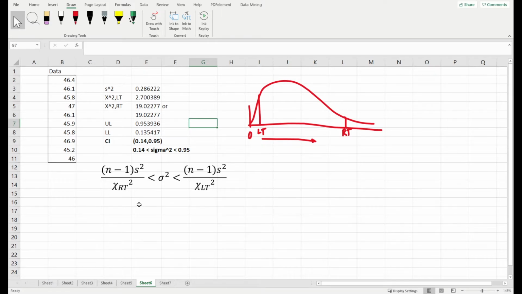So the right tail chi-squared should be in this term, in the left-hand side of the inequality, while the left tail term should be the denominator for this term here now. Okay? So again, small correction lang.